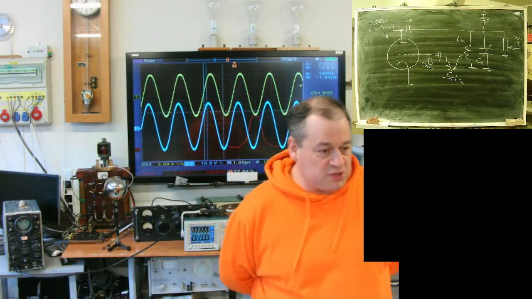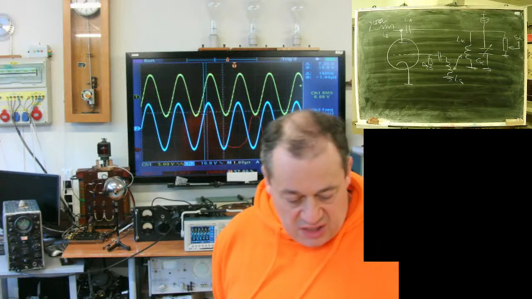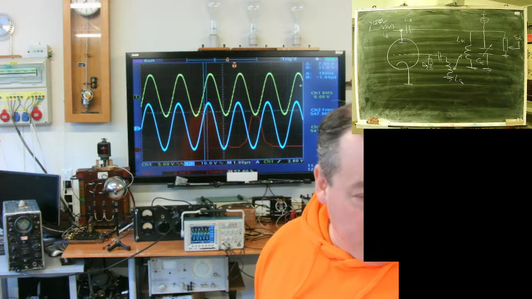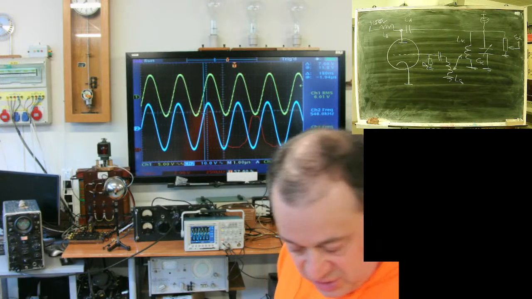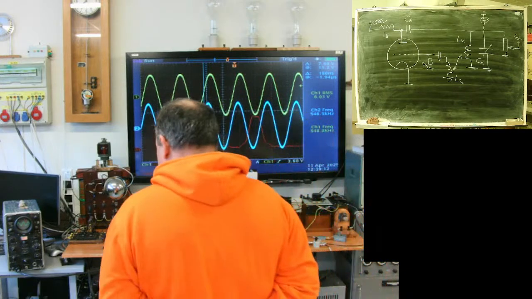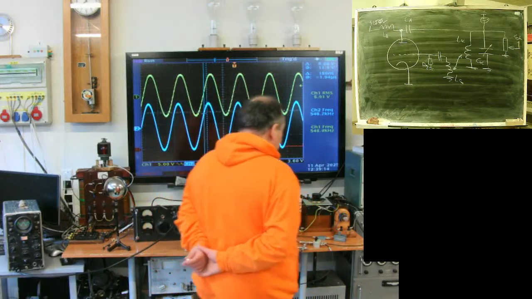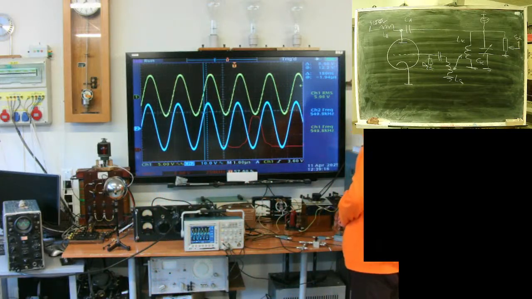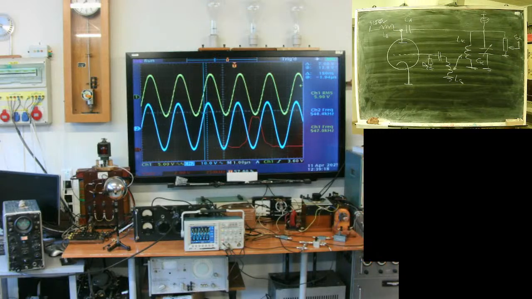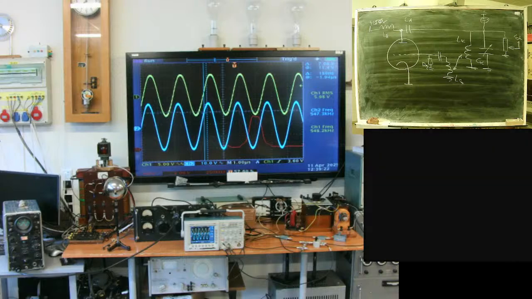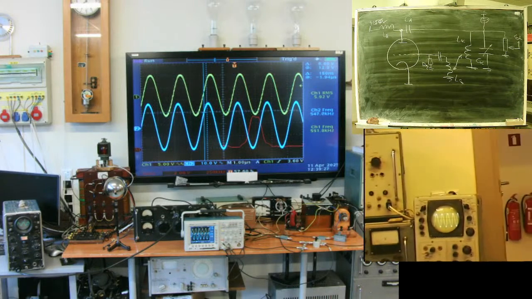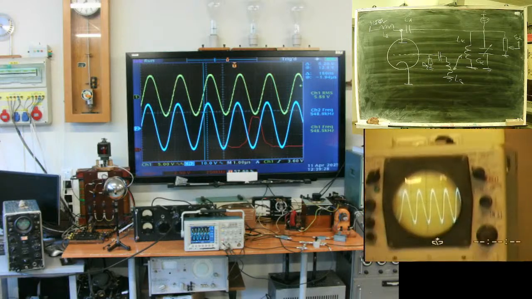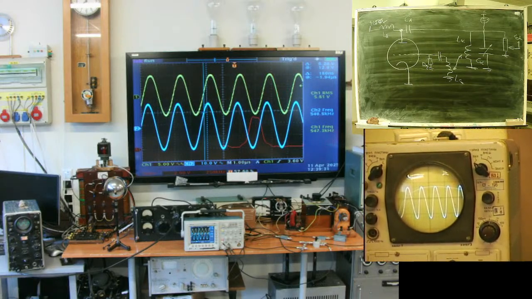In case of positive feedback, such a network, a linear amplifier with positive feedback and resonant load, is a generator of harmonic signal. Here it is. I can show it on a second scope.